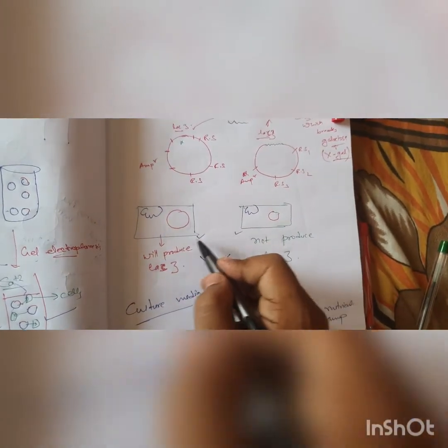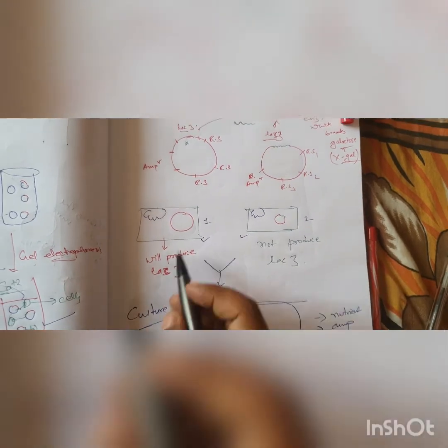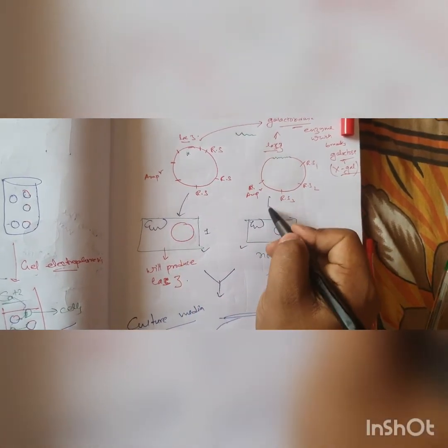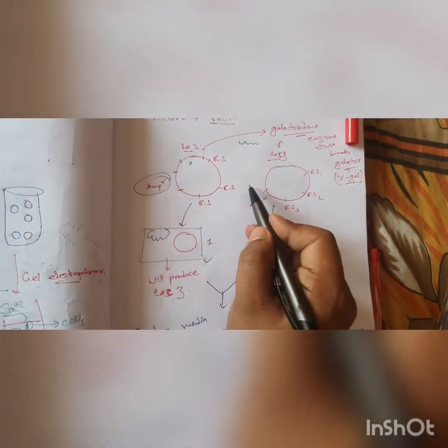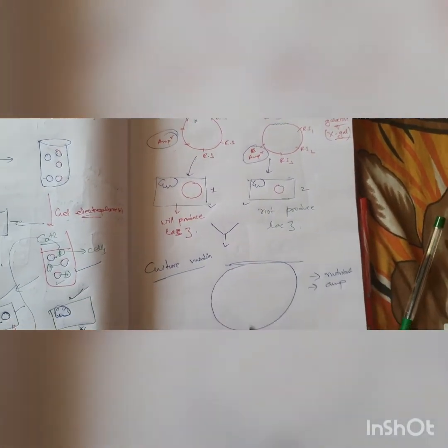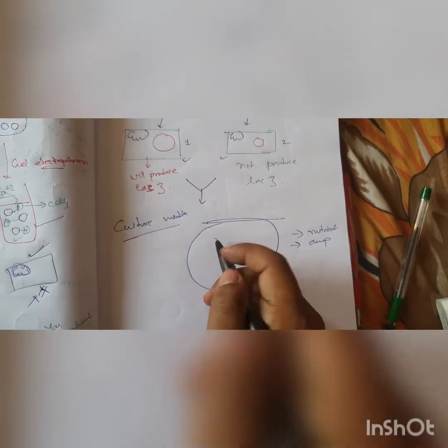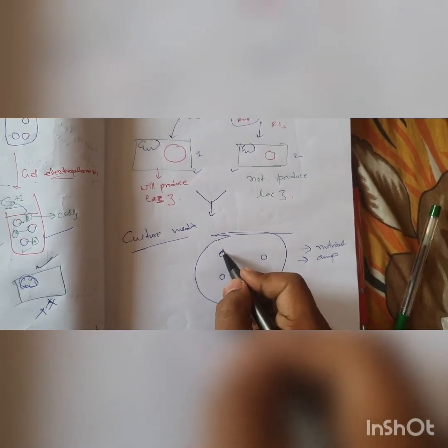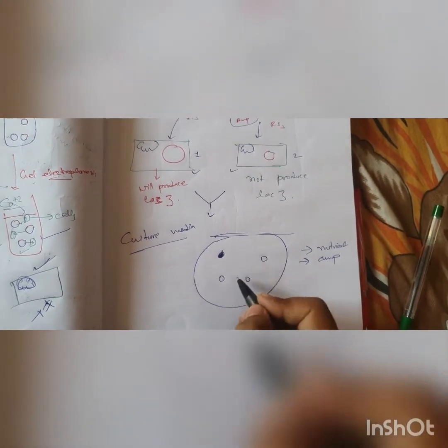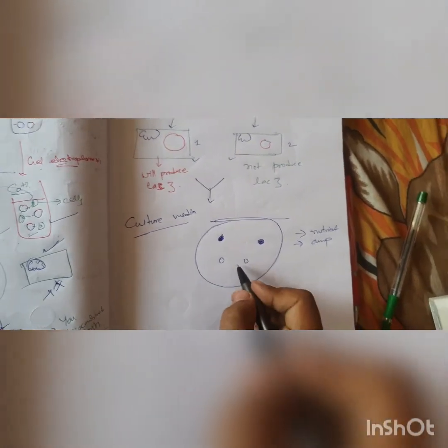Both the cell type 1 and the cell type 2, which has taken up this plasmid and this plasmid, both of them will grow because both of them can show ampicillin resistance. Ampicillin resistance is not a problem. So both of them will grow. But some of them will show blue colony, some of them will show white colony.